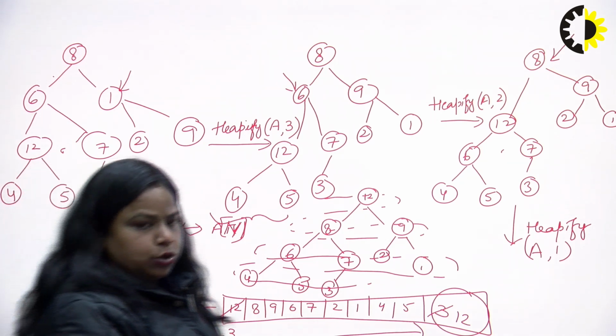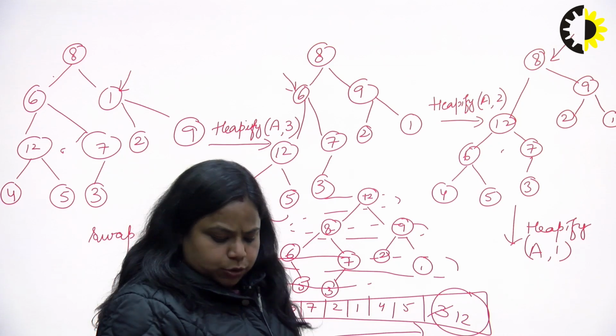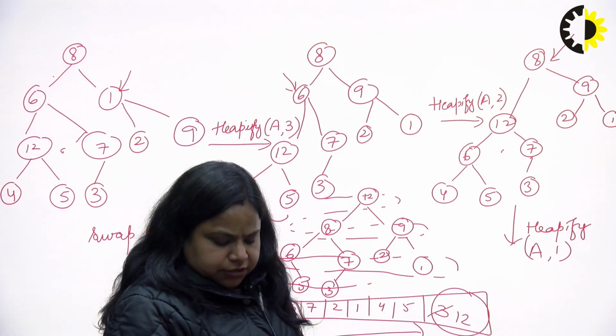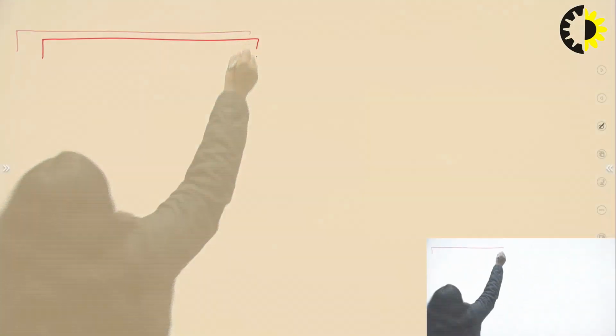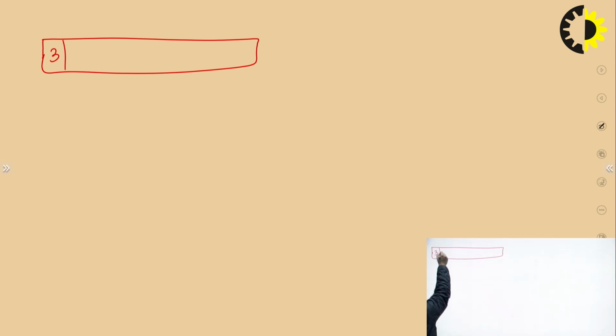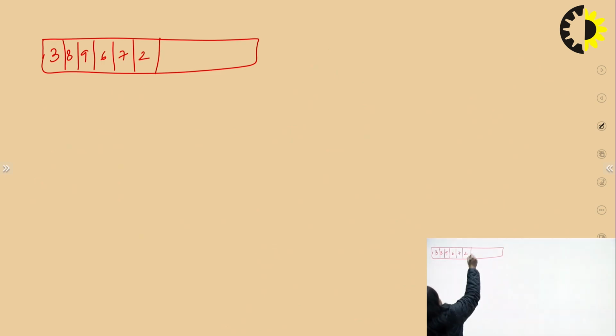So due to which we can say 12 holds its own original position. Once the 12 holds its own position, then what we need to do is, we have to check the conditions after generating the one heapify. So now we are getting an array as 3, 8, 9, 6, 7, 2, 1, 4, 5, right?